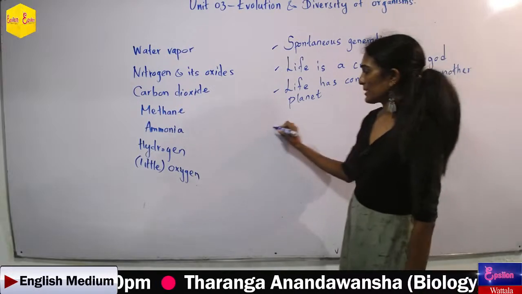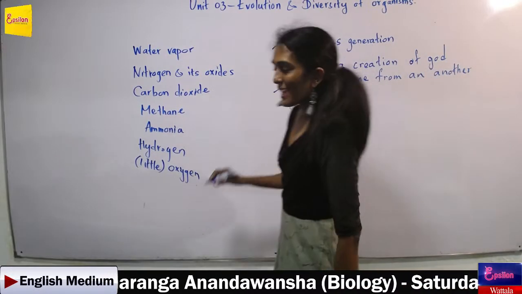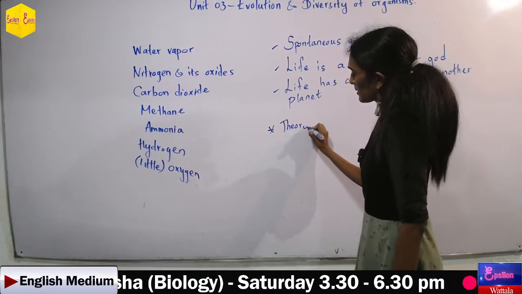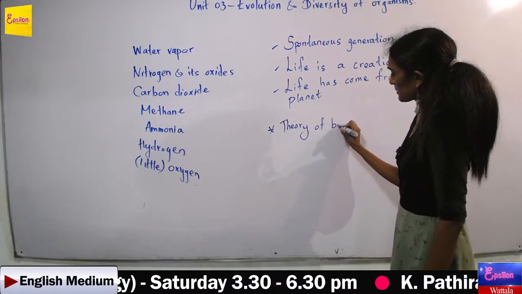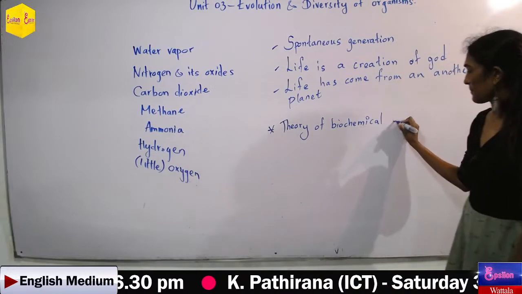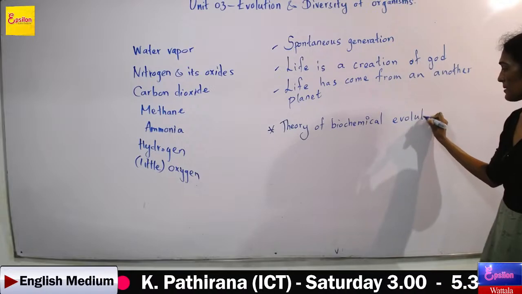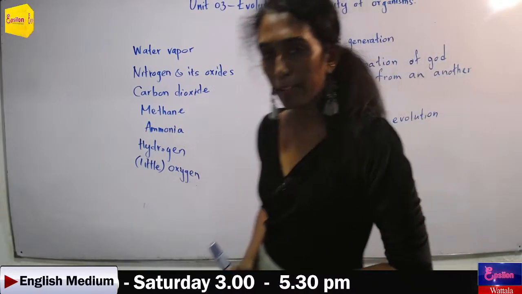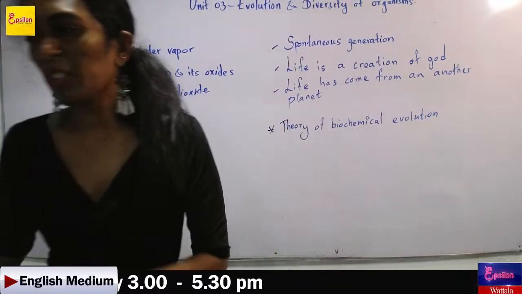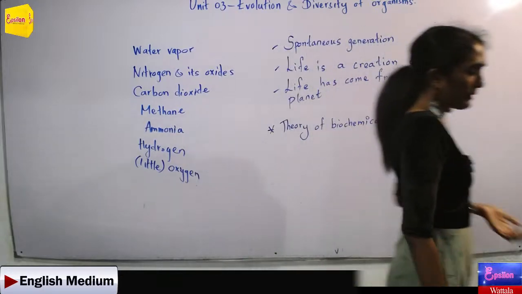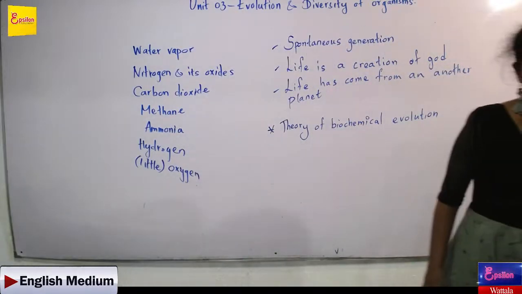But in our lessons, what we are going to learn is the theory of biochemical evolution. This is the mostly accepted theory about evolution of life on Earth. With more evidence, with more fossil evidence, this is the currently accepted model.